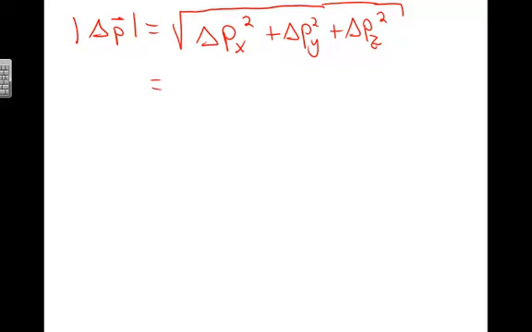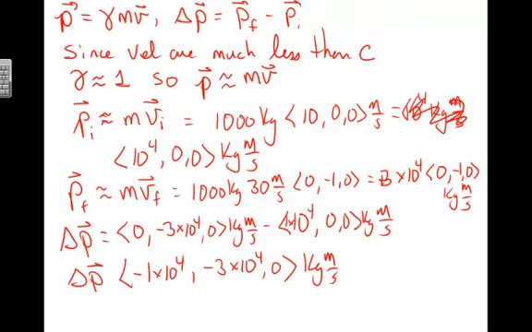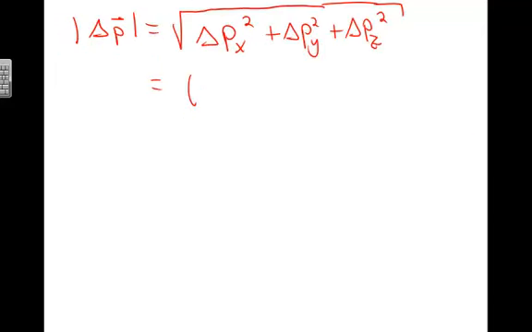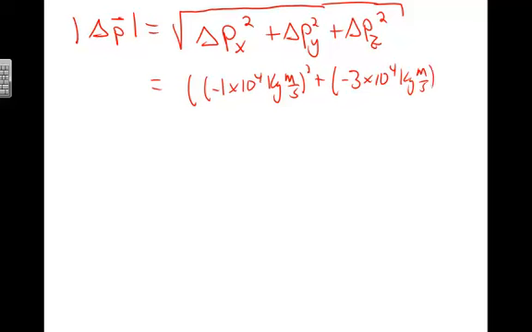So the x component was, let's go back for a second, -1 times 10 to the 4 kilogram meters per second, squared. The y component was -3 times 10 to the 4 kilogram meters per second. And the z component was just 0, squared.